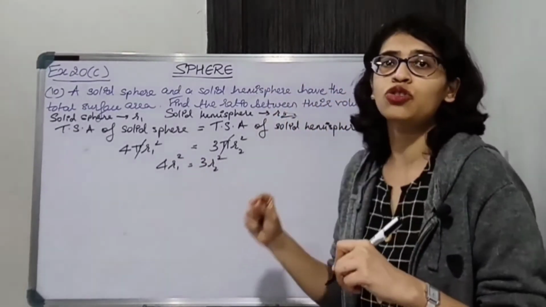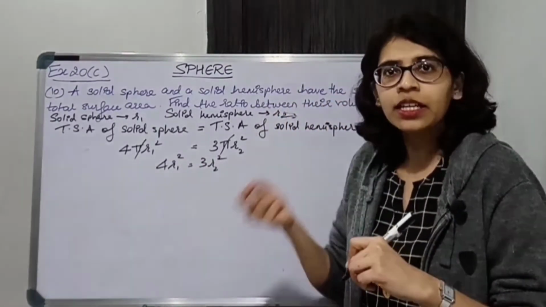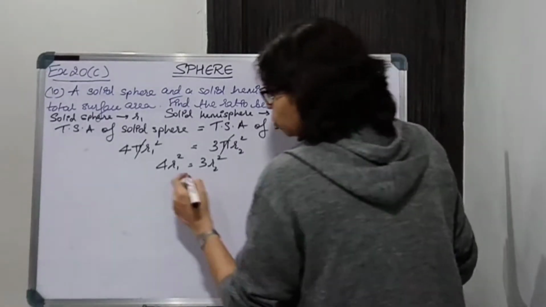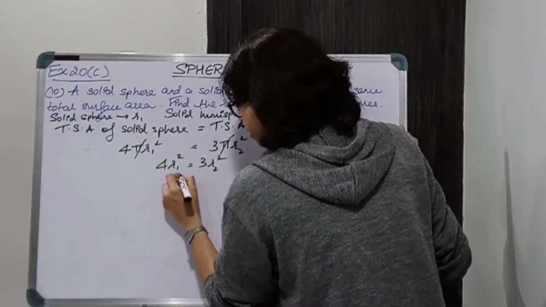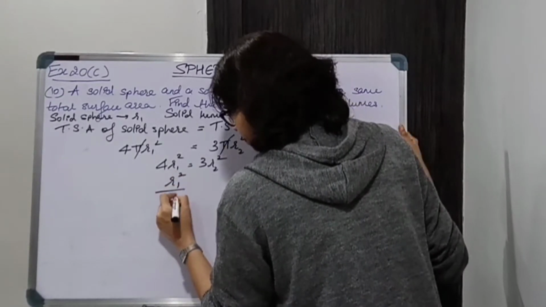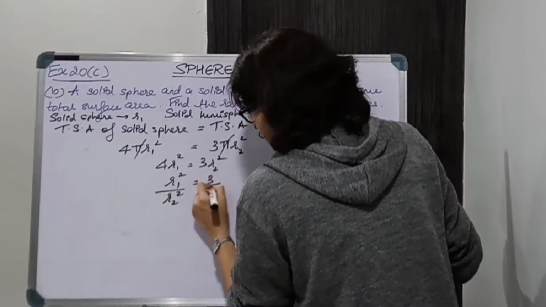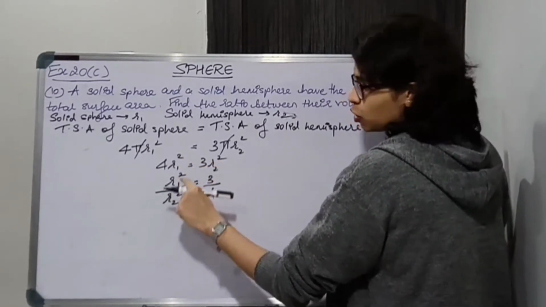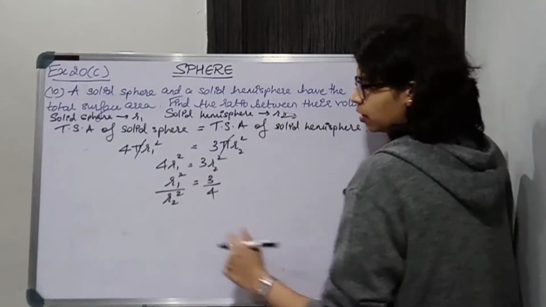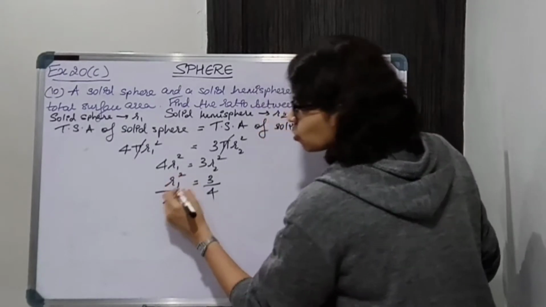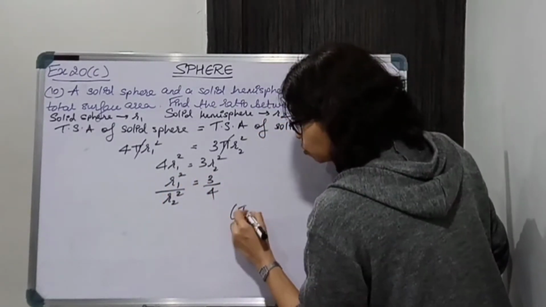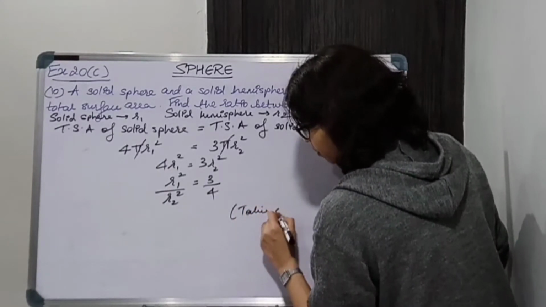I want the ratio of the radii first, ठीक है. रेडियस के बीच में रिलेशन चाहिए. So what I'll do, I'll take radius on one side, okay. So R1 square upon R2 square हो जाएगा is equal to 3 upon 4. Now I don't want squares, I need to know the radius, so square root लेना पड़ेगा. So taking square root on both the sides, ठीक है.